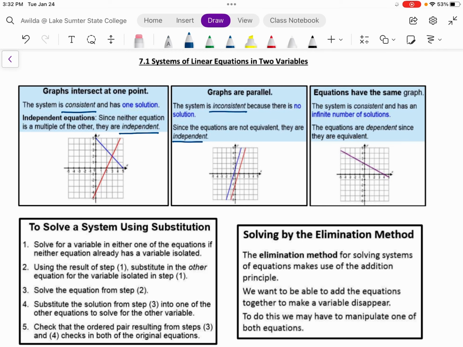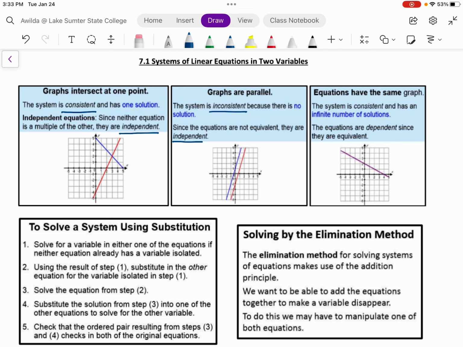Finally, a third scenario is that when we graph the two equations, they end up being exactly the same collection of points. They end up representing the exact same line. So you can think of it as one line tracing above the other. In this case, every point on the line is a point of intersection. Because points of intersection represent solutions to the system, there are solutions.